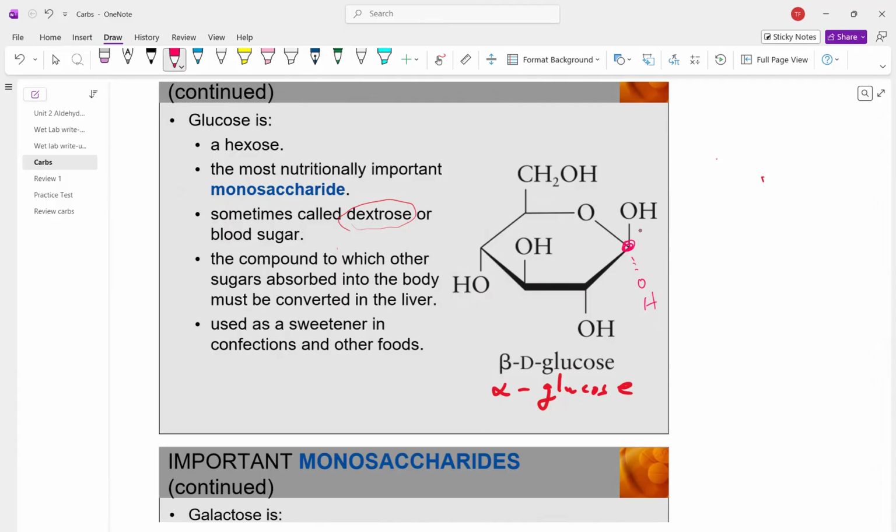Okay, this has a hemiacetal. It has an H present and an OH. So that's a hemi. So that means this is a reducing sugar.